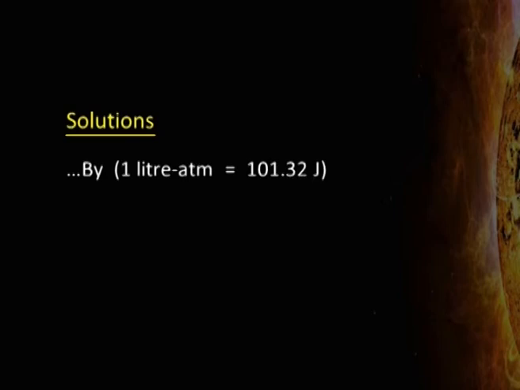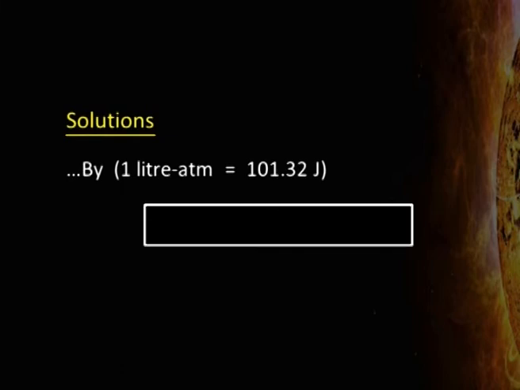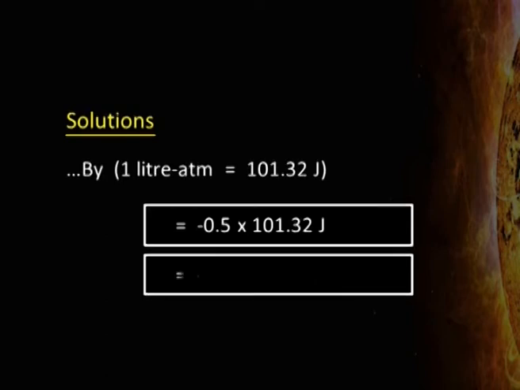101.32 joules. Therefore, the work in liter atmospheres can be converted to the work in joules by multiplying it with a factor of 101.32. Therefore, this work is equal to minus 0.5 multiplied by 101.32 joules, that is minus 50.66 joules.